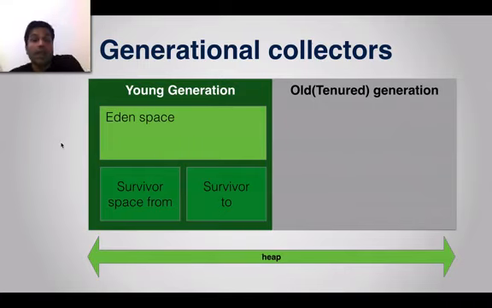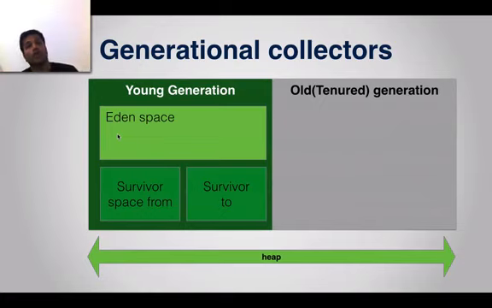Whenever you call something like new HashMap, for example, that HashMap object is created in the Eden space. It's called Eden because it's a reference to the Genesis story in the Bible, where according to the books, life was first created in the Garden of Eden. So they just used that name. It's called Eden space, where new objects are created.